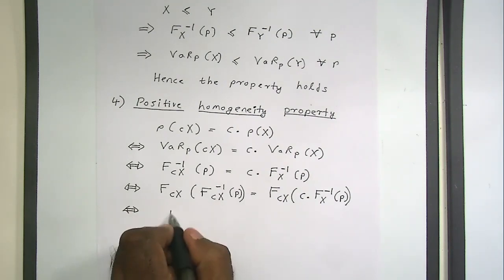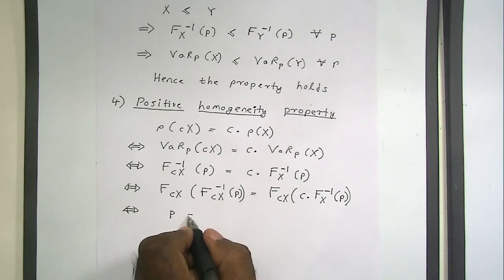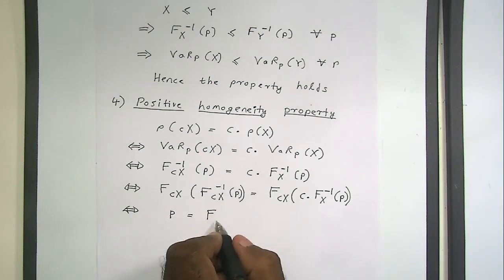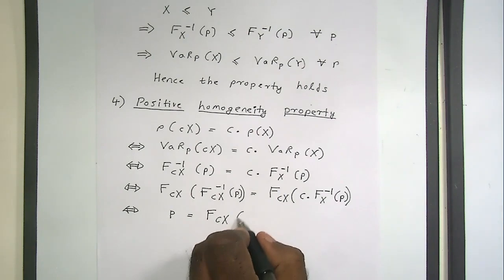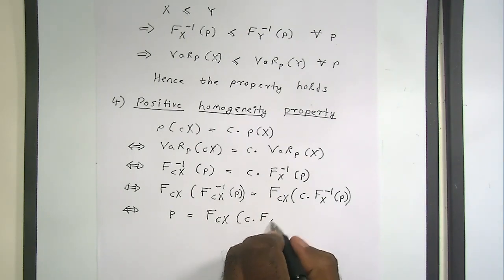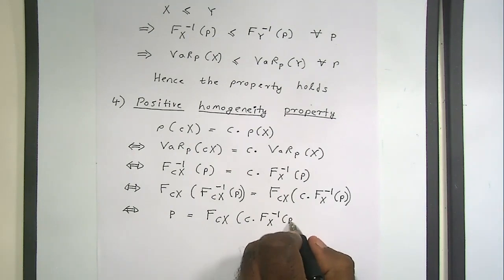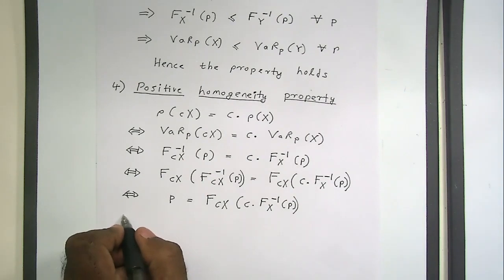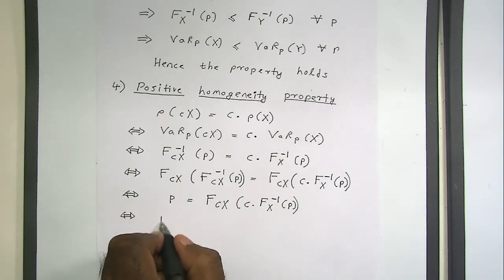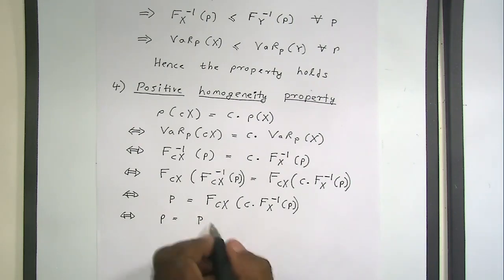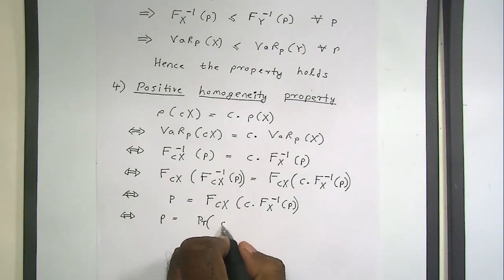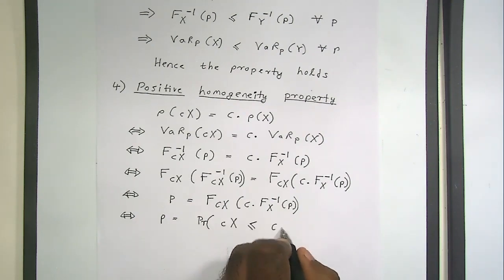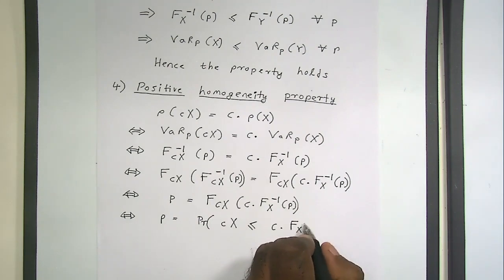Now this thing here is simply P. Now this guy here, you can write it as the probability that cX is less than or equal to c times the quantile.